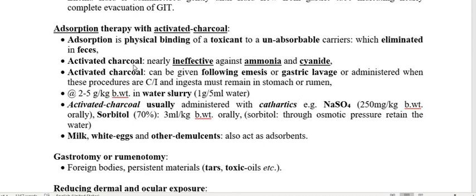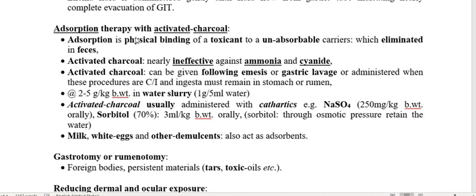Activated charcoal is usually ineffective in ammonia and cyanide toxicity, and it should be used where emesis or gastric lavage or other processes of removing content from the GI tract have failed or are contraindicated. Then there is more choice.